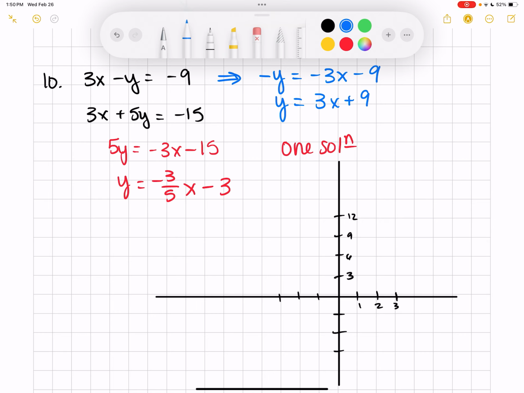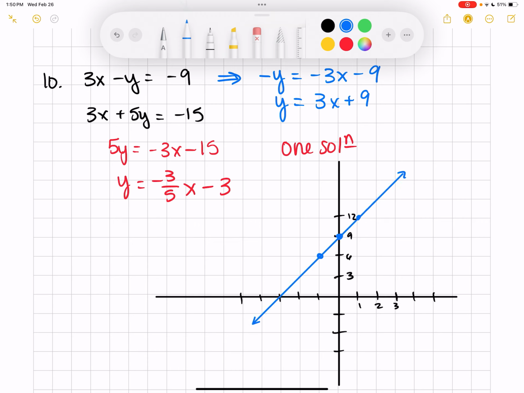Actually going to have to go over farther than that, though. Okay, so first line up here, I have an intercept of 9, so that's here. It has a slope of 3, so that means I go up 3, right 1. Or down 3, back 1. So remember, on the x-axis, I'm counting by 1s. On the y, I'm counting by 3s. Then I'll go ahead and draw that line there.